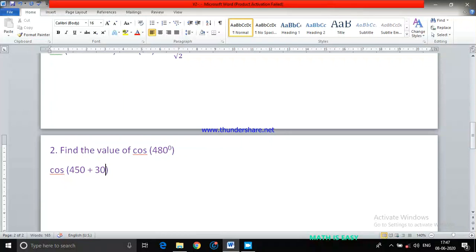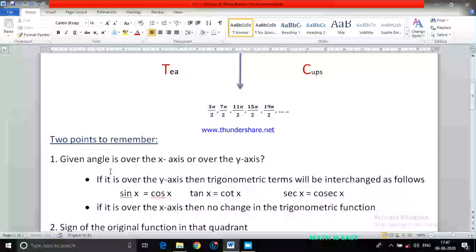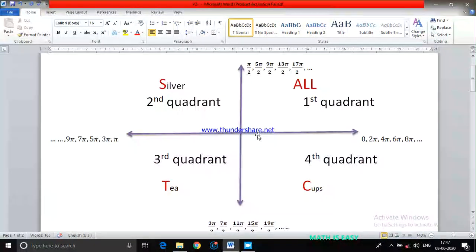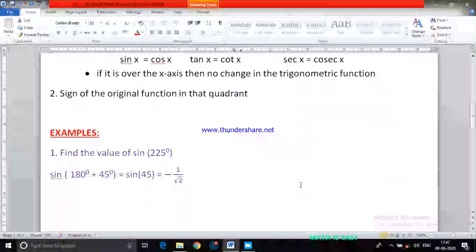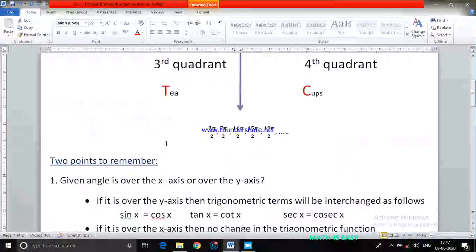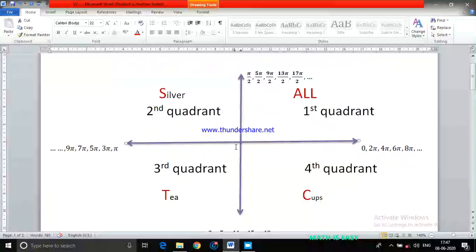450 plus 30 degrees. Now where does 450 come? 360 plus 90, right? If the angles are given in degrees, you can always count like this: 0 degrees, 90, 180, 270, 360, 360 plus 90, 450.